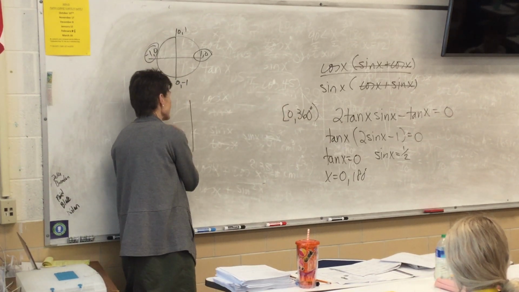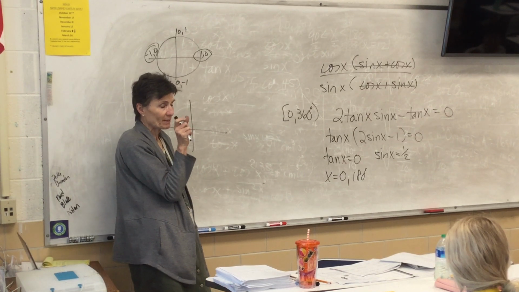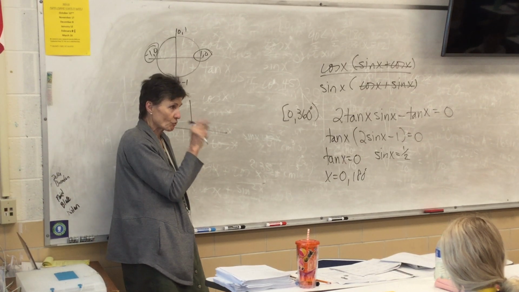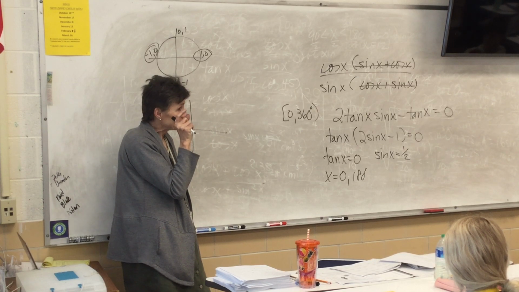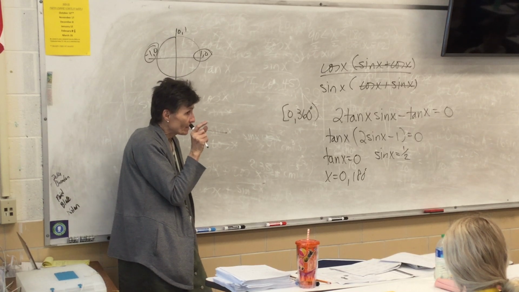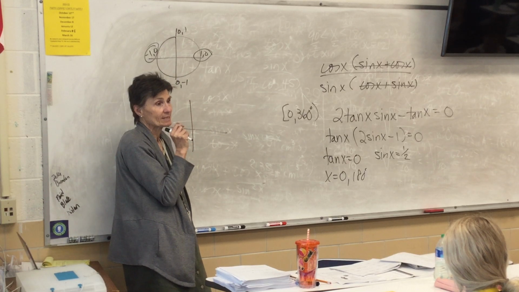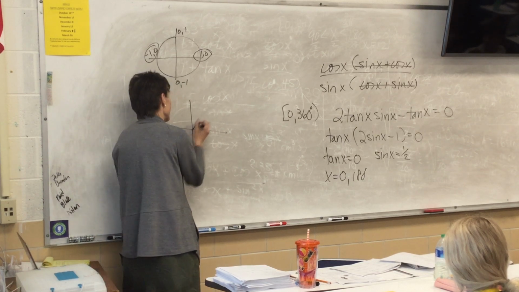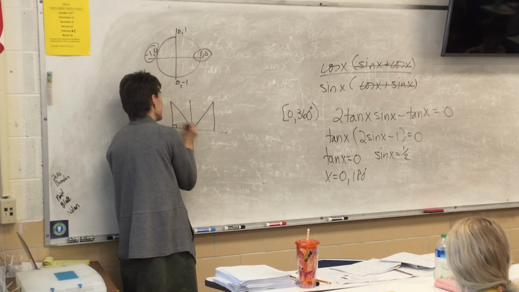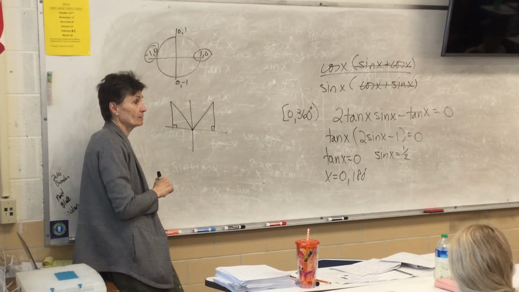Now, where is the sine a positive number? Some of you are skipping this step. You're jumping straight to the 1/2. And that's okay, but there's 2 of them. There's 2 places where the sine is positive. Where is the sine positive? 1 and 2. And we know that because sine is y, and y is positive up here.